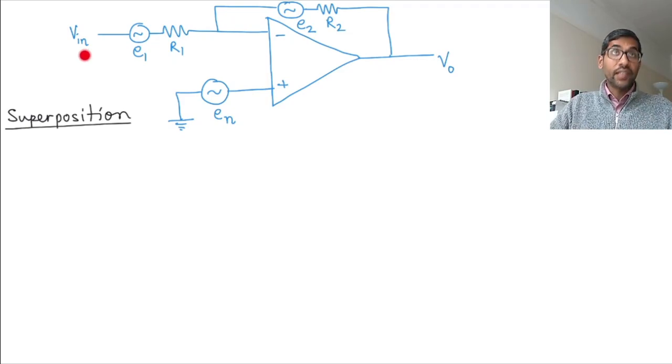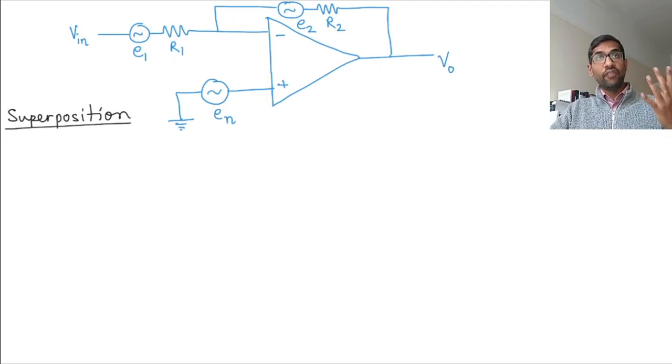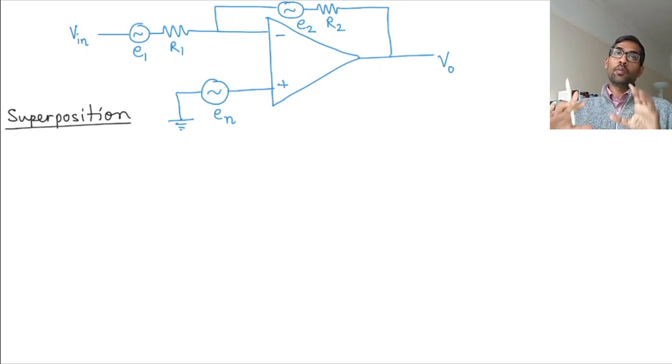There is this Vin, that's one source. Then you have E1, En, E2. So there are four sources. We take the output of the system because of each one of these sources separately, and if we assume that the system is linear, we can add up all the four outputs, and then we can figure out what the circuit behaves like.